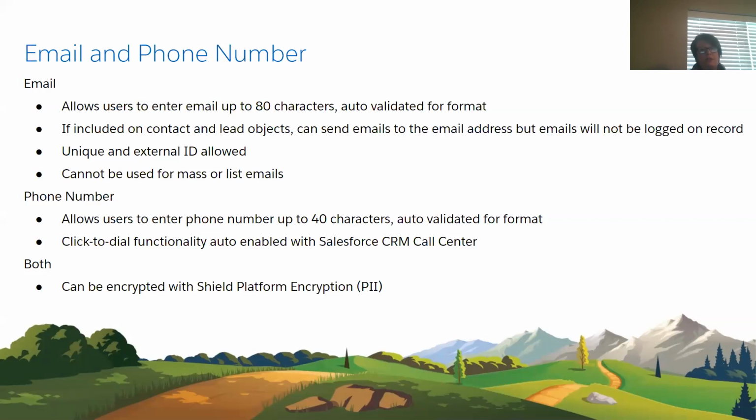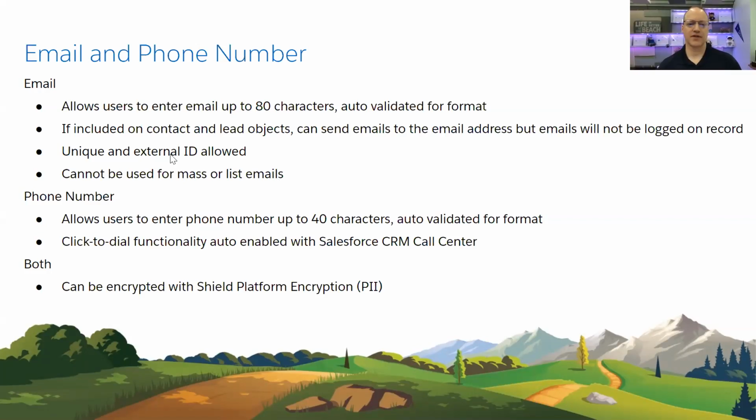It also allows unique and external ID. So unique meaning if I select that when I create the field, it will only allow unique values in that particular field. And it cannot be used for mass or list emails.